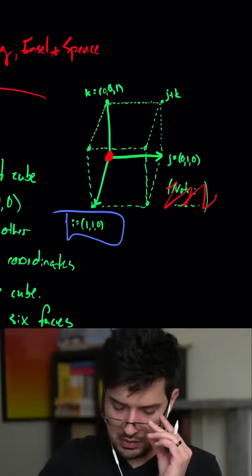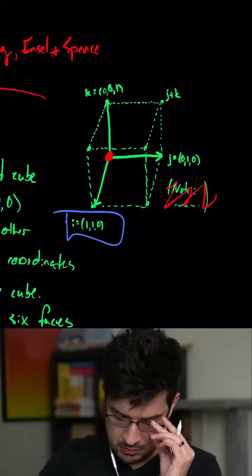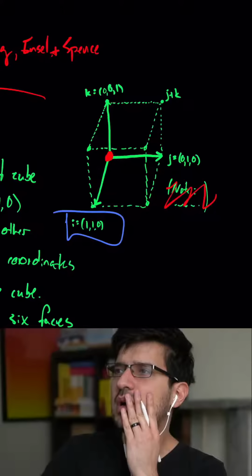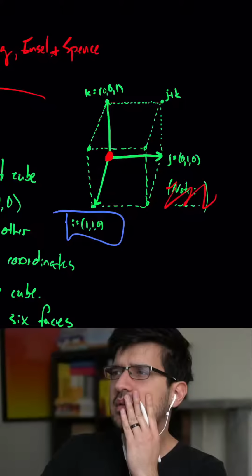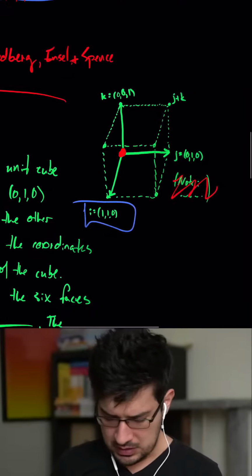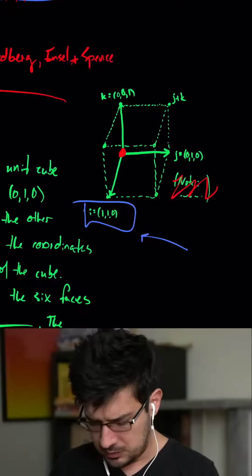So it's saying that it's going in the J, the second coordinate direction as well as... I don't understand this at all. This looks like a typo.